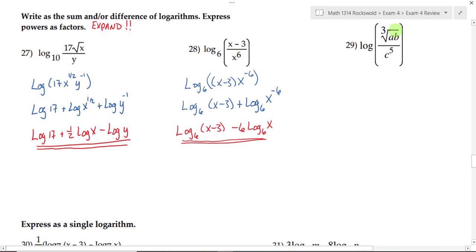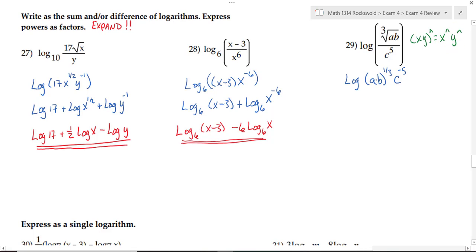On 29, the exponents get a little more tricky because I have a product underneath this radical. I might do this in two steps. So this would be log of the product ab raised to the 1/3 power times c raised to the negative 5. Now we have a distributive property of exponents that says if you have a product raised to a power, you can distribute that power across the product.